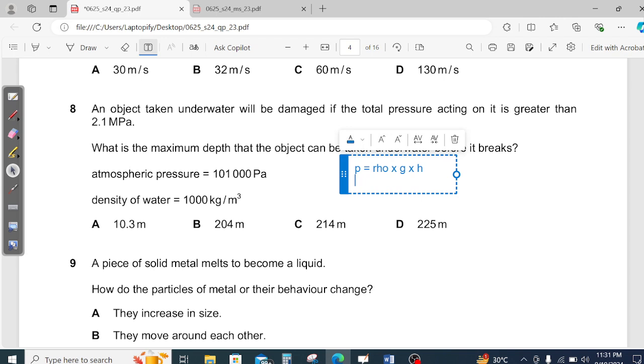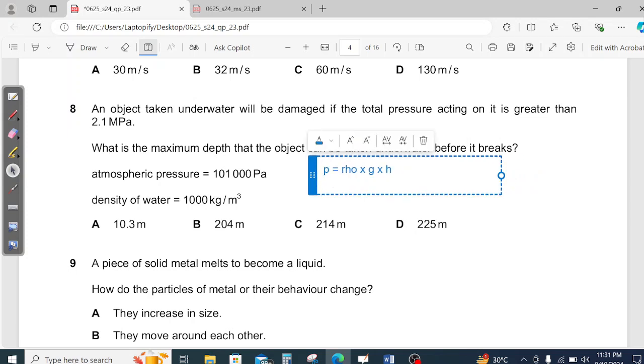So the change in pressure is 2.1 mega, where mega means 10 to the power 6, minus atmospheric pressure 101,000, is equal to rho, the density of water, which is 1000, multiplied by g, which is 9.81, and you have to find the value of h.